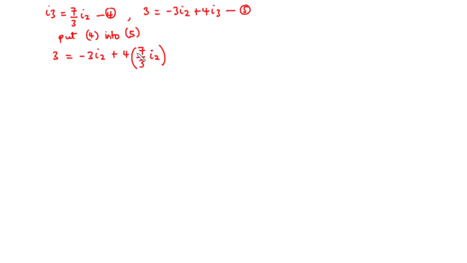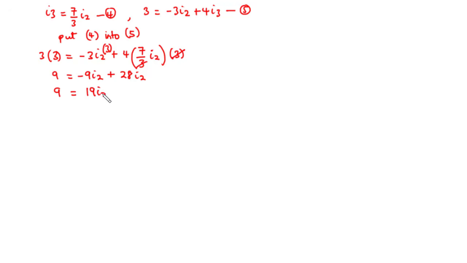Now because we have a fraction here, we can do away with the fraction by simply multiplying each term by 3. So we multiply each term by 3, so that we have 9 equals negative 9 I2 plus 4 times 7 is 28, so 28 I2, and then we have 9 equals, now negative 9 plus 28 is equal to 19.